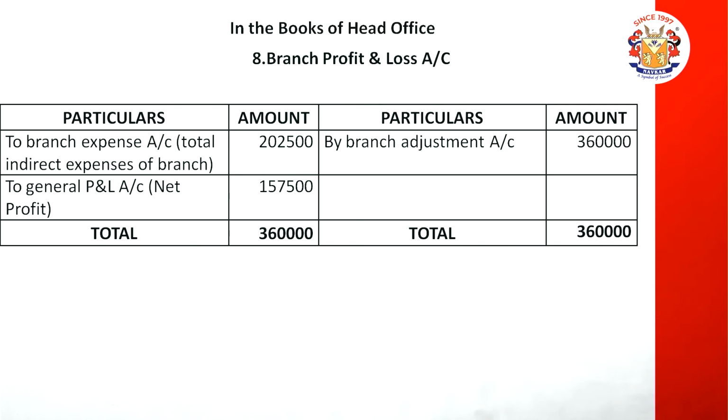This is nothing but total indirect expenses of branch as calculated in branch expense account. On the credit side of branch profit and loss account, we are going to record branch adjustment account 3,60,000. This is nothing but gross profit. Ultimately, we will get 1,57,500 net profit through branch, and this amount will be transferred to general profit and loss account.